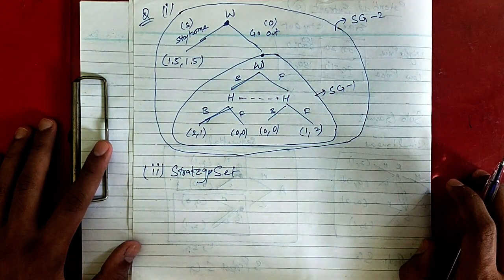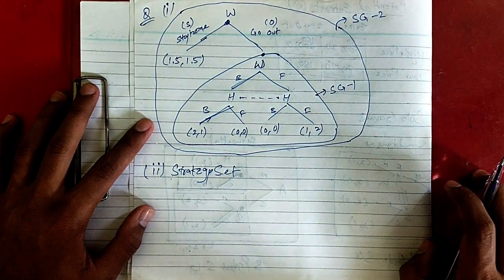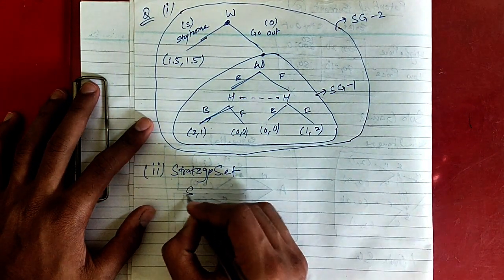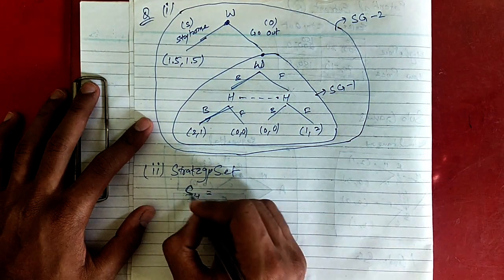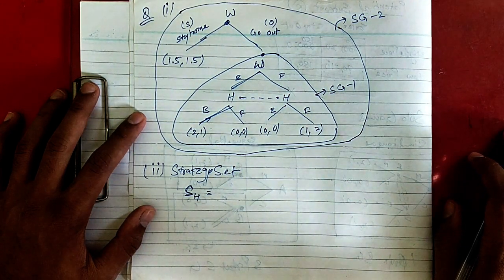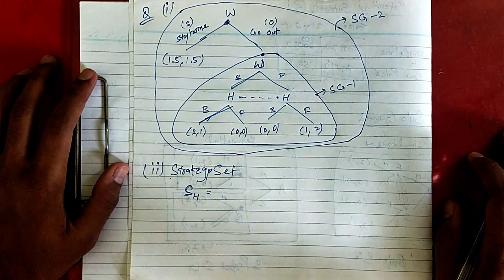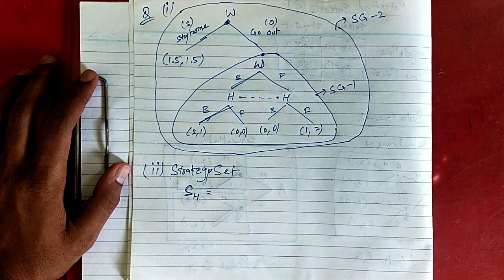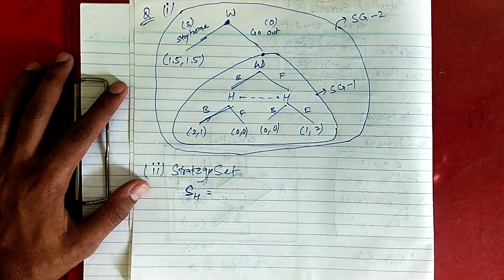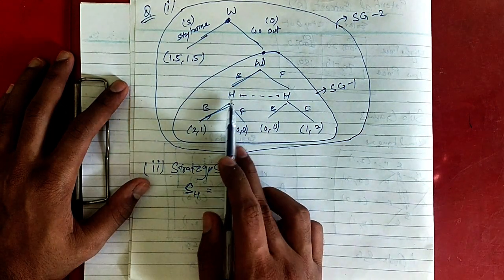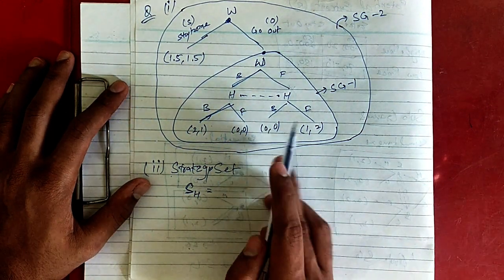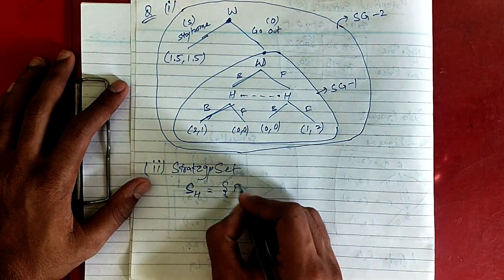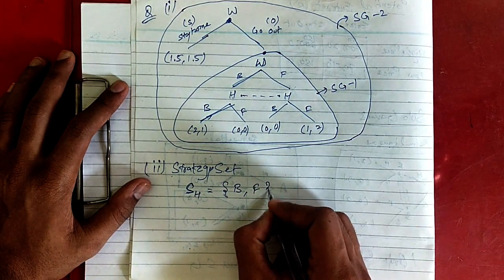First we have to see what the strategy set for the husband is, what choices the husband has to choose from. The husband has only two choices, that is ballet or football. So you can directly write ballet or football.